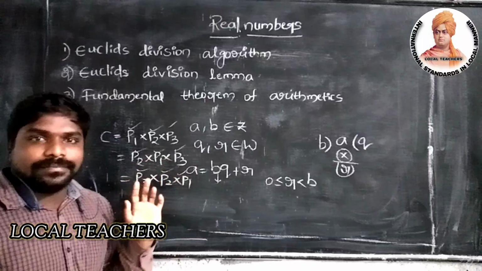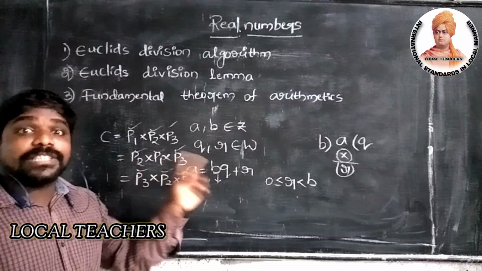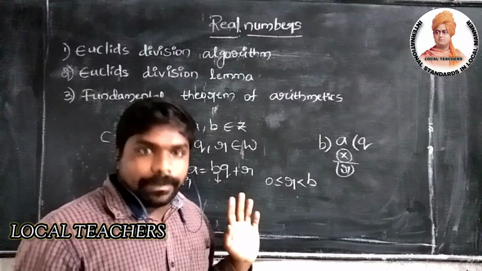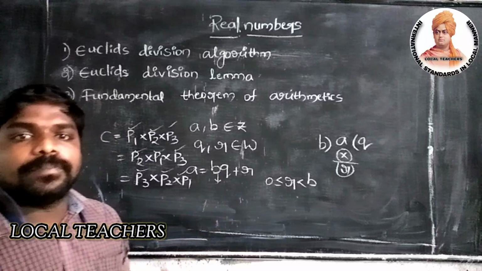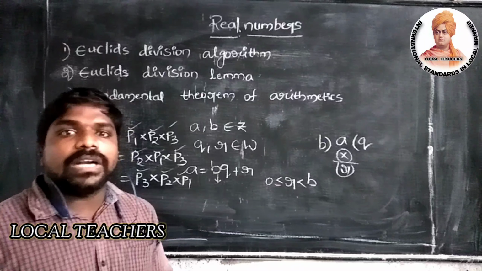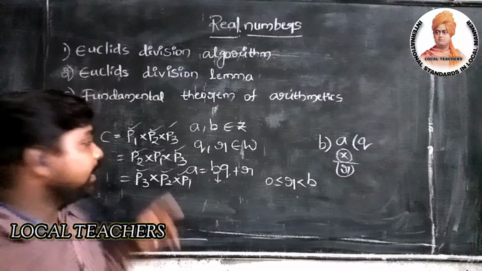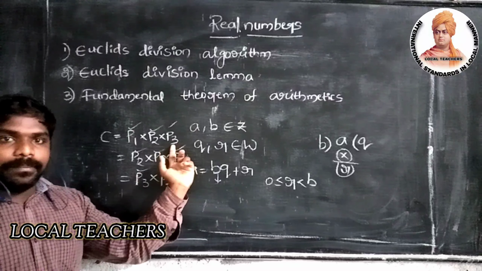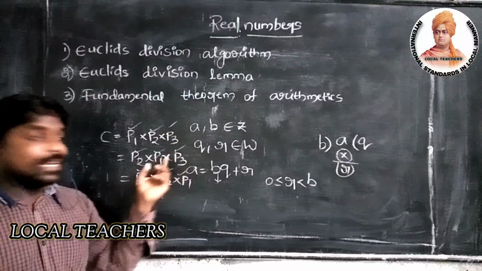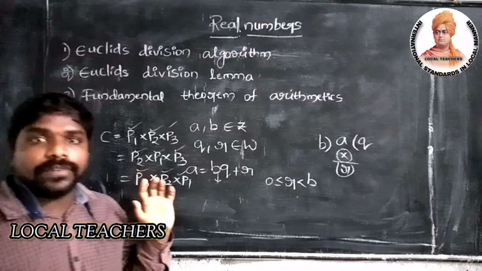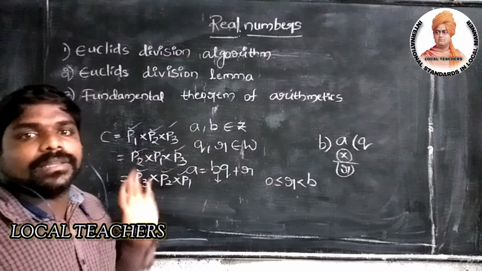The order will be different, but the numbers will not change. The simple thing is that any composite number can be written as a product of prime numbers in a unique way, irrespective of the order in which they occur. So this is about the fundamental theorem of arithmetic.